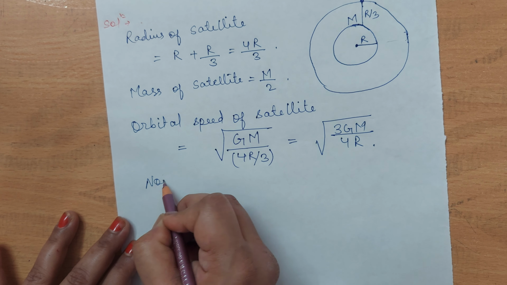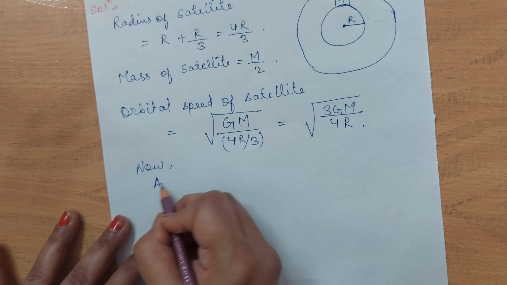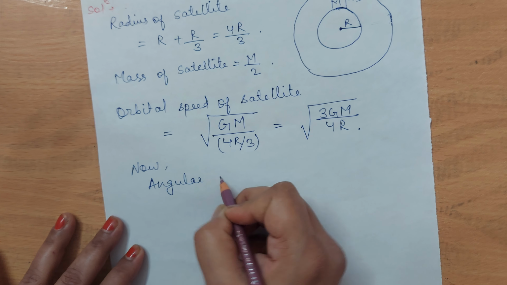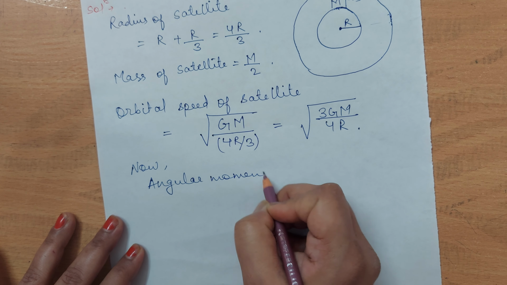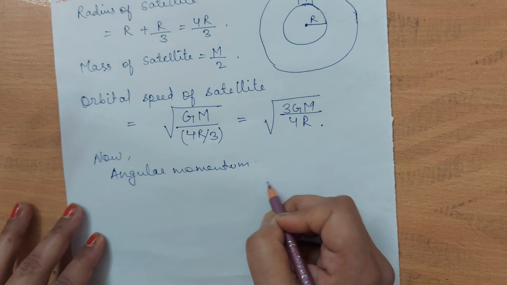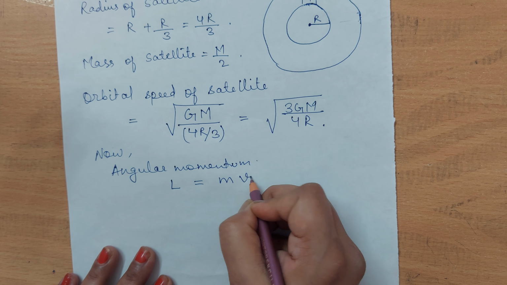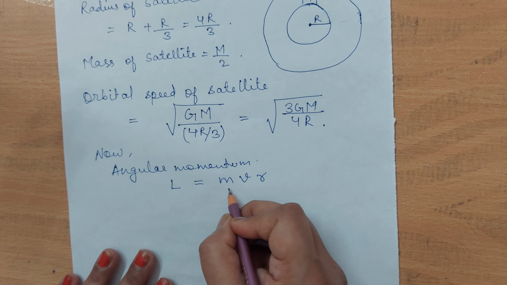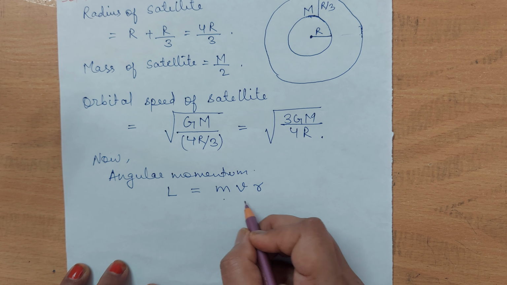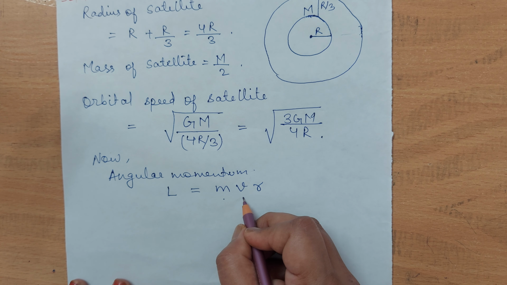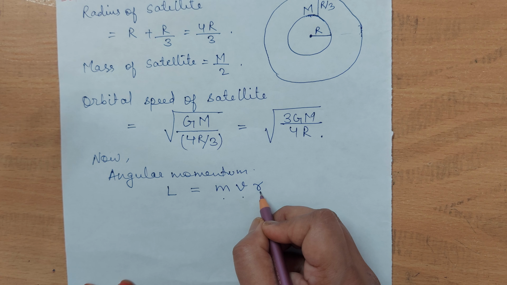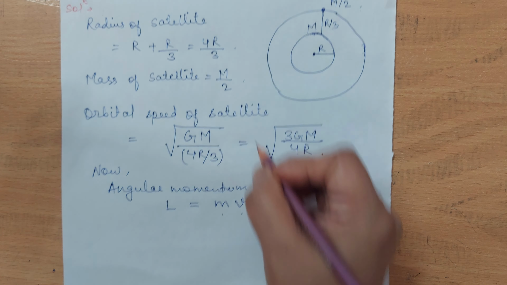Now we know angular momentum, if we represent it by L, is equal to mvr. m represents mass of satellite, v represents orbital speed, and r represents radius. So we will put the values.